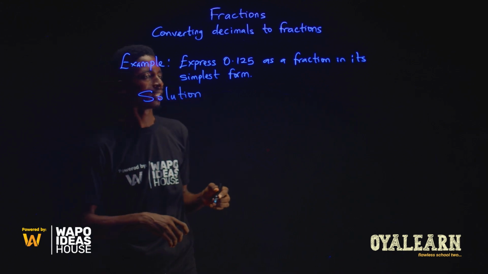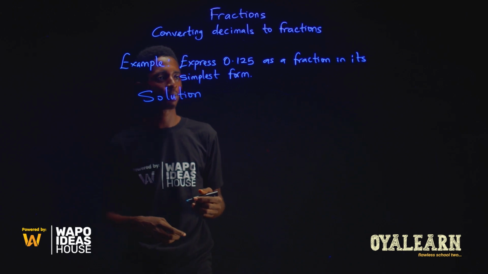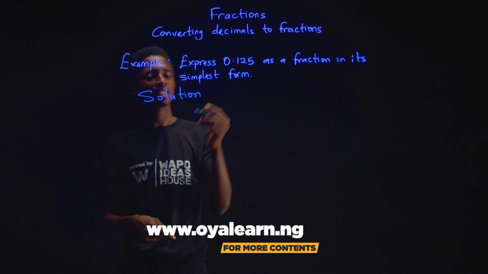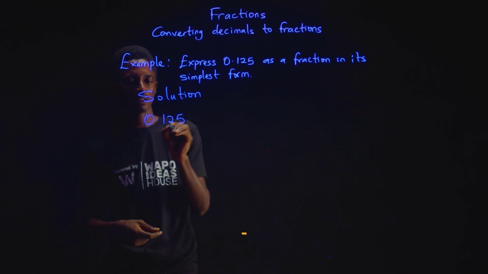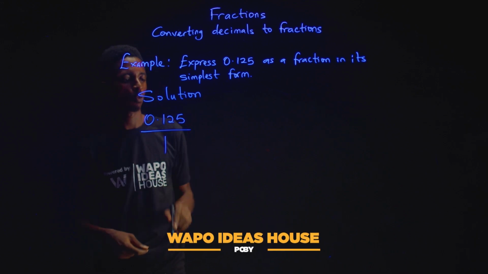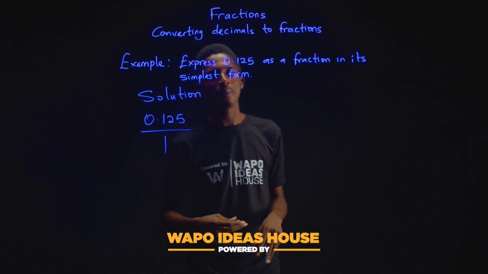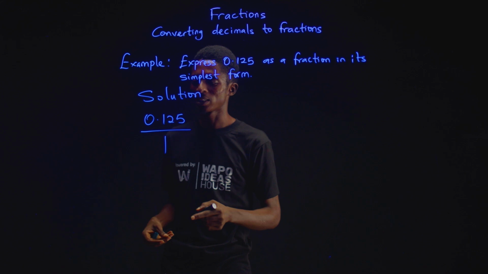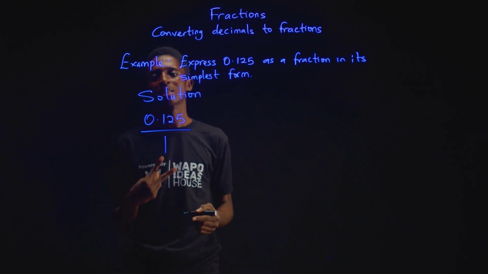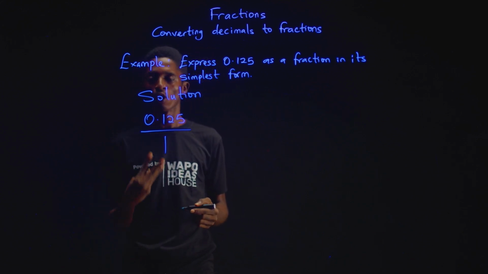We'll apply the same principle as in the first example by writing this as a fraction, that is 0.125 divided by 1. Now we multiply by powers of 10 depending on the number of decimal places. In the first example, we had 2 decimal places, so we multiplied by 100.